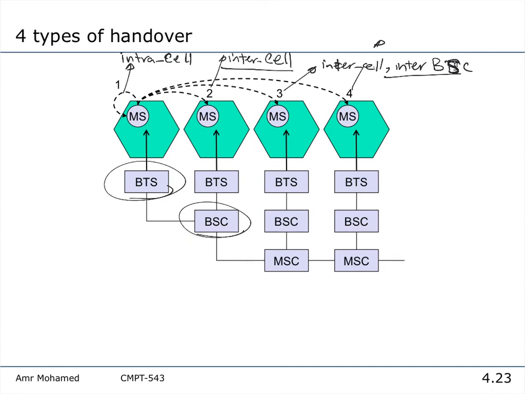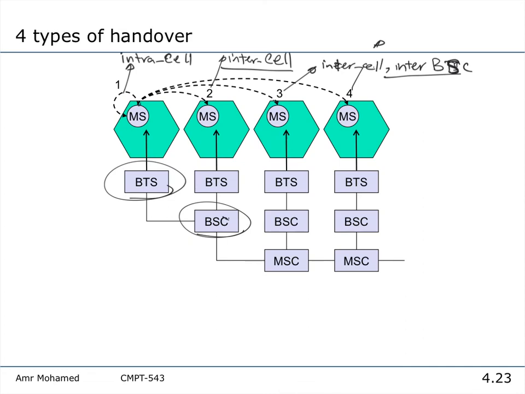Yeah, so number 3, I'm moving from here to here such that this one is controlled by this BSC, and this one is controlled by this BSC, right? So in that case, I have to engage the MSC. So for inter-cell, inter-BSC, I have to engage the MSC.